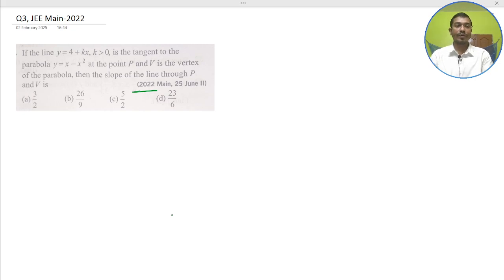If the line y equal to 4 plus kx, k greater than 0, is the tangent to the parabola y equal to x minus x square at the point P and V is the vertex of the parabola, then the slope of the line through P and V is what? 3 by 2, 26 by 9, 5 by 2, 23 by 6. JEE Main question, first do it yourself, and after that look upon my solution, we just do here. So first you should carefully read the questions.